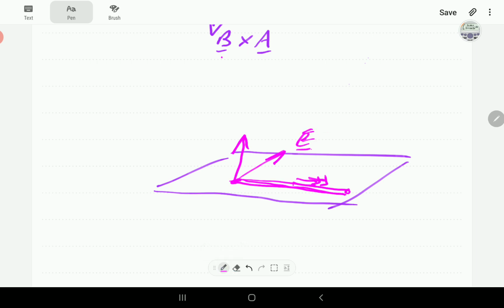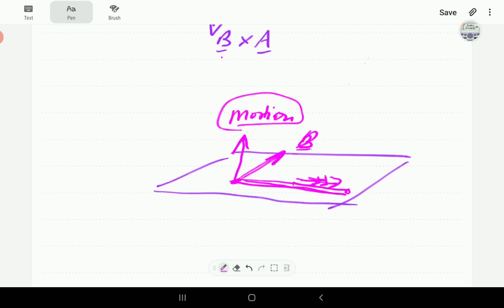Imagine this is the magnetic field direction, which is typically denoted B. The electric current is going this way, the magnetic field is going that way, then the motion is going to go that way. So if you have the direction of current and the direction of magnetic field, then the direction of the motion is going to be given by the cross product of the two.